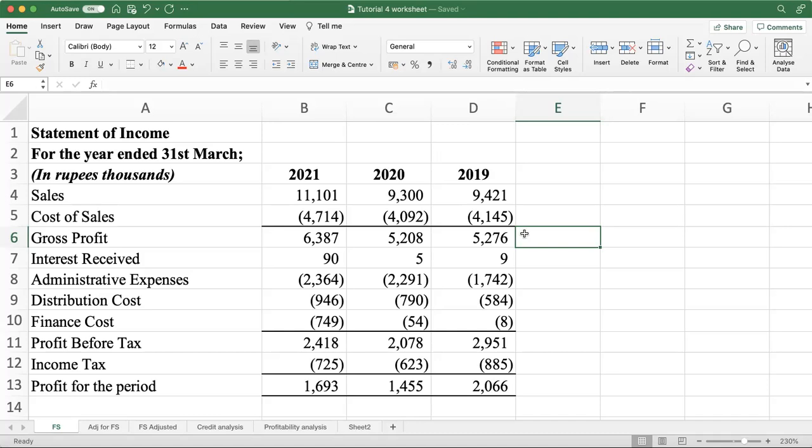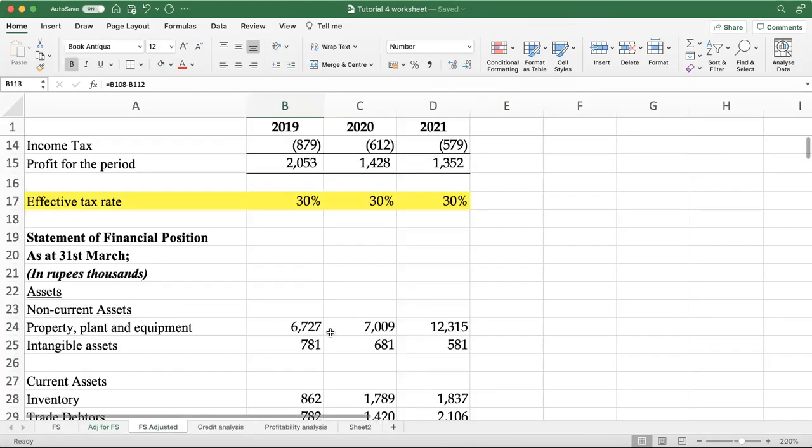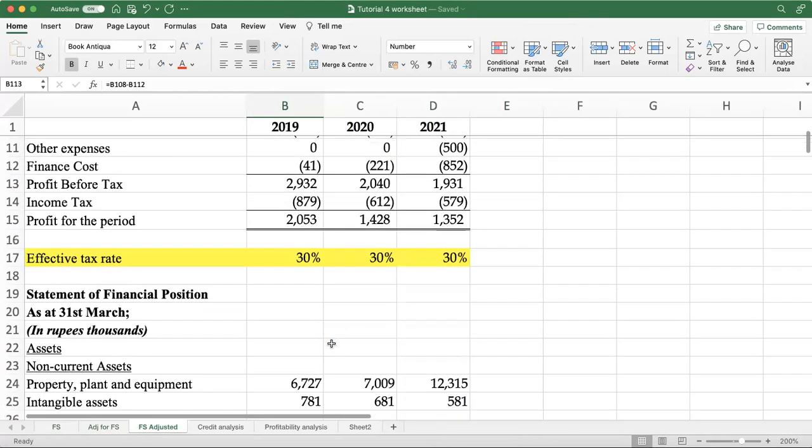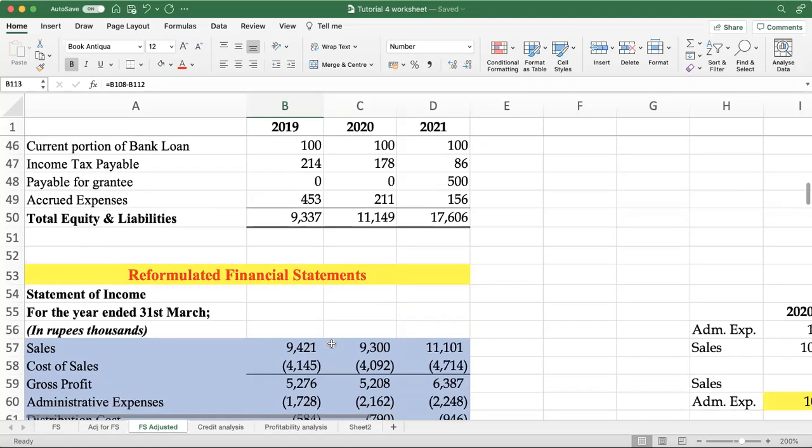That's why we adjusted the given financial statements. Then we got adjusted financial statements.